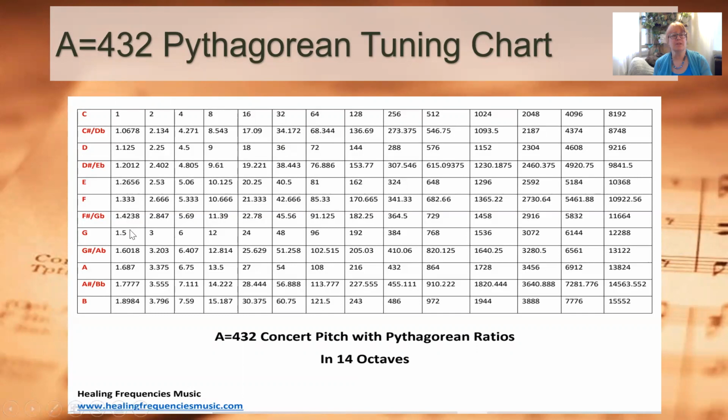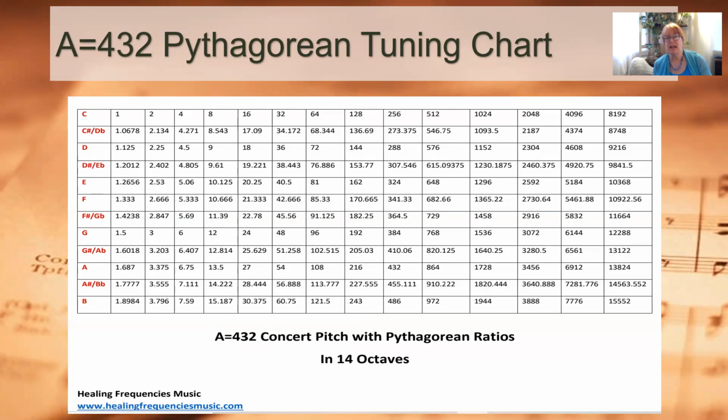So for example, the perfect fifth above C, according to the Pythagorean ratios, would be 1.5 hertz. As you keep doubling that, you're going to get the G that's right above middle C. Now notice that the A above middle C is 432.